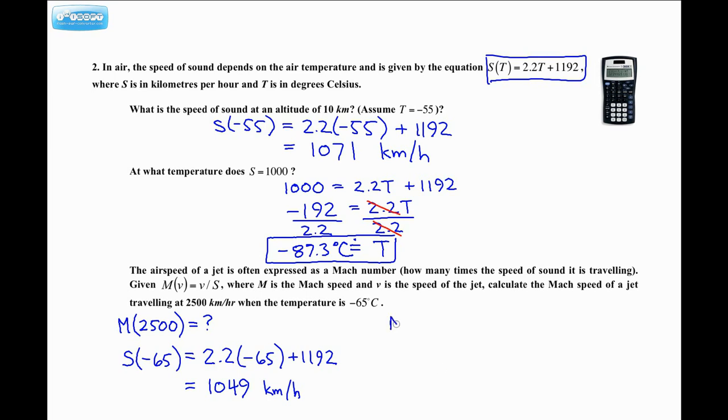So M of 2,500 is equal to v, which is 2,500, divided by S, which we just determined was 1,049. Okay, the units are actually going to completely cancel out, okay, because both of these are in kilometers per hour, so a Mach number is unitless. So let's work that out.